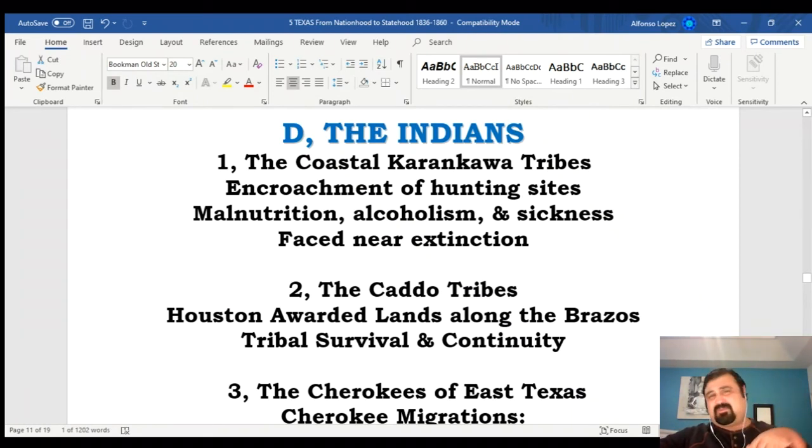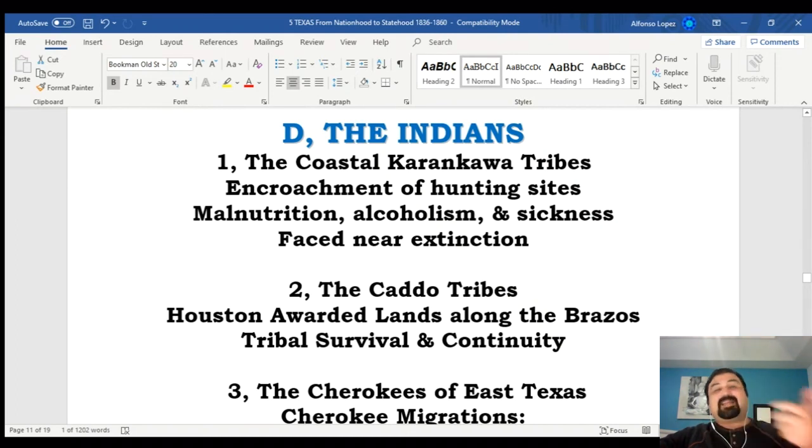There would be individuals or a few families that are slowly but surely moving into those lands in the coastal region. So again, the access to those hunting sites is going to be quite limited now because much of the wildlife is going to simply flee and leave that region. So they're now unable to continue the old way of life, okay, of hunting and gathering, etc.